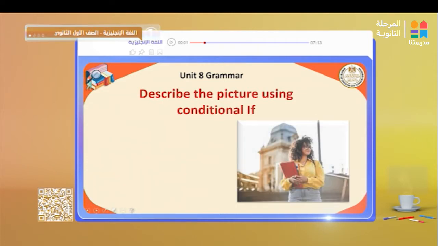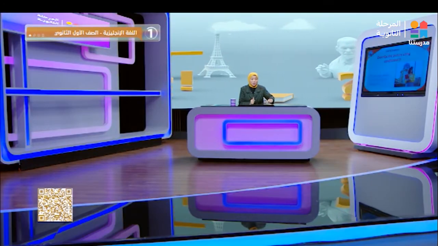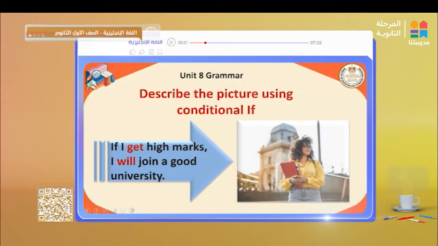What about this picture? You as secondary stage students, all of you are hoping to join the university. So what can we say about the picture using if? We can say, if I get high marks, I will join the university. If I get high marks, this is present simple, I will join the university. This is future.